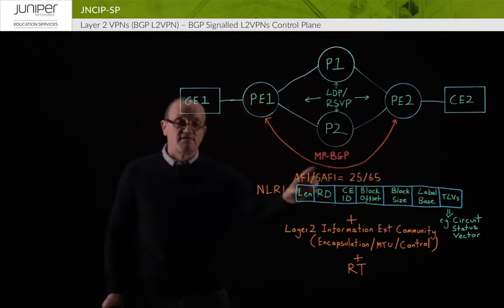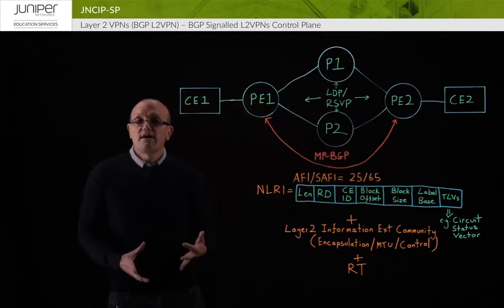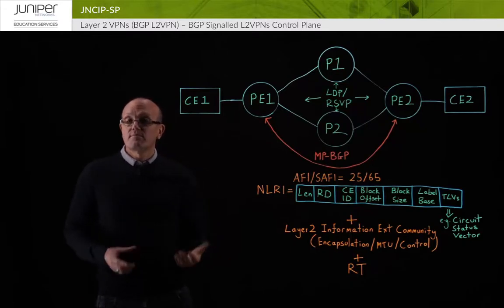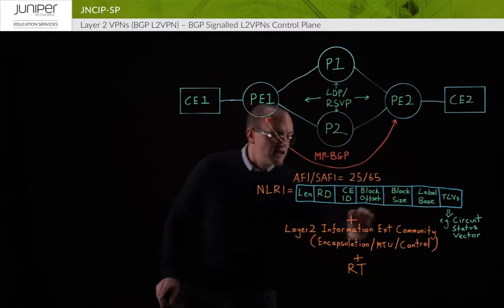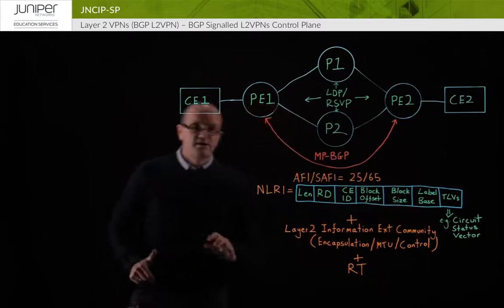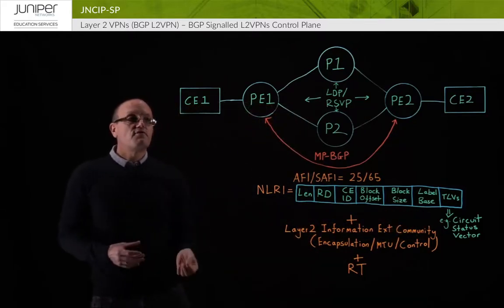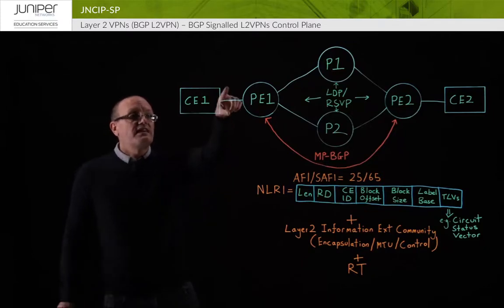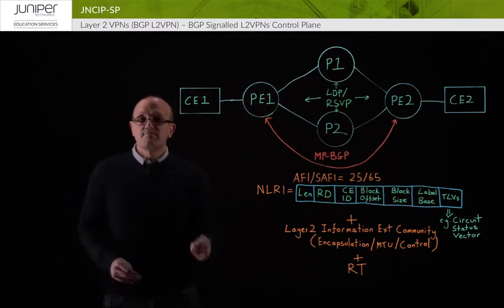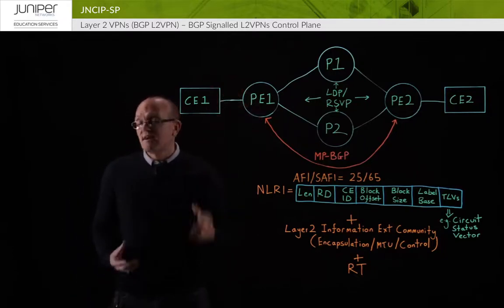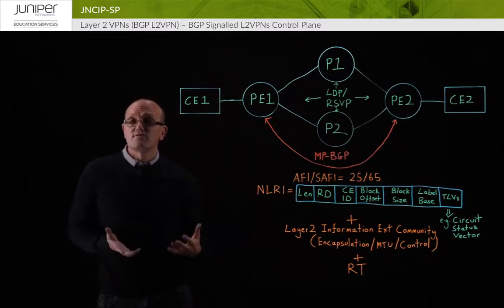Along with this NLRI, we are also carrying two additional extended communities. The first is the Layer 2 Information Extended Community, and this is going to be referring to things like the encapsulation that we have between the CE and the PE. You know, is this an Ethernet virtual circuit? Is this an ATM virtual circuit?